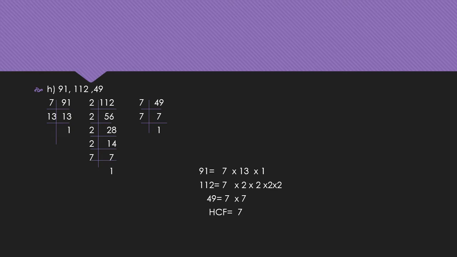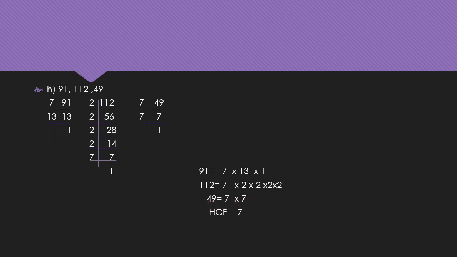Next question. 91, 112, 149. First do the prime factorization of 91. Then do the prime factorization of 112. Then prime factorize 49. Write the factors of 91. Then write the factors of 112. Write the factors of 49.